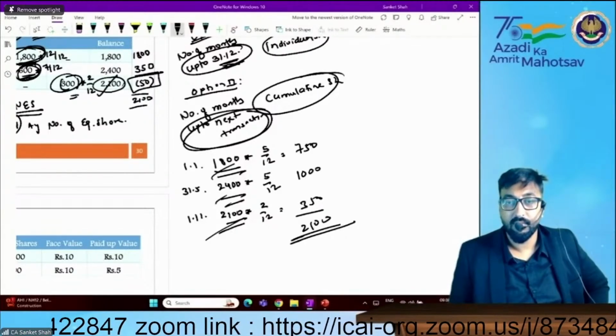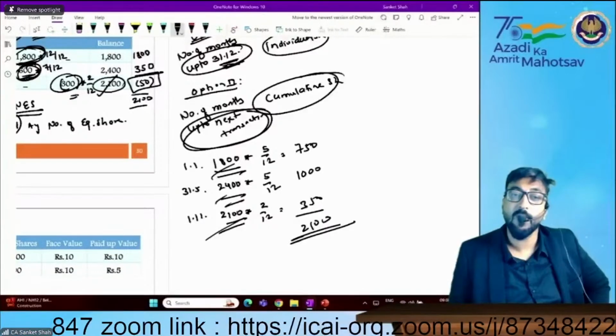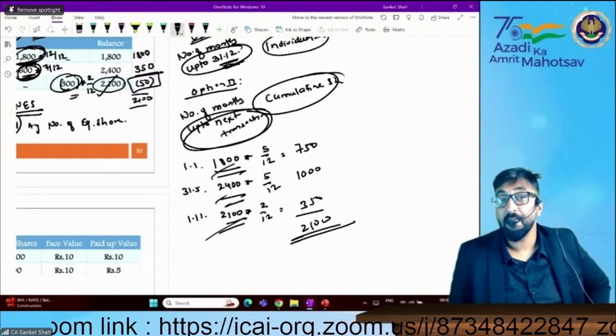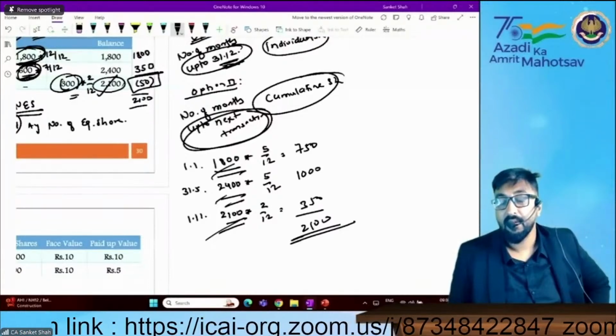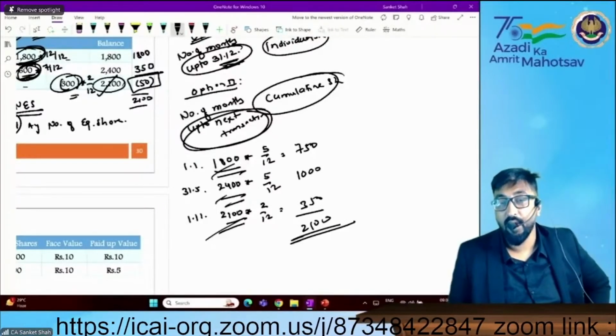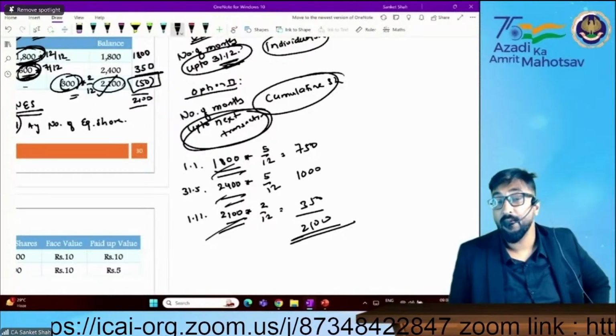We deducted in total, no sir. So what is the first option, beta? Individual approach. You will calculate the holding period up to 31st March 2012, till 31st December. And in the cumulative approach, you will follow it up to the next transaction.